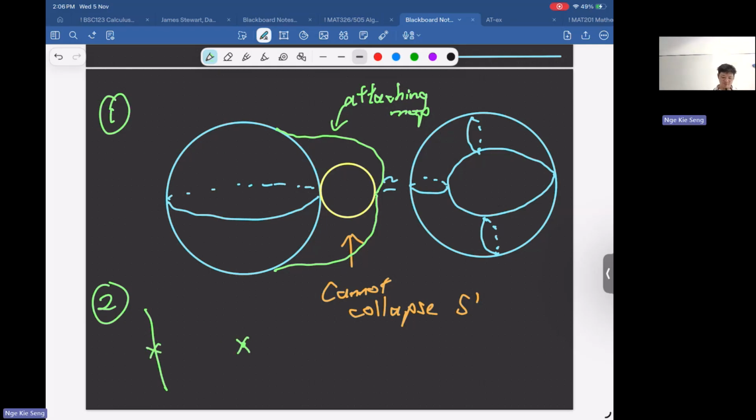Maybe choose this point to be any point on this line. Well, let's take this as the star here.